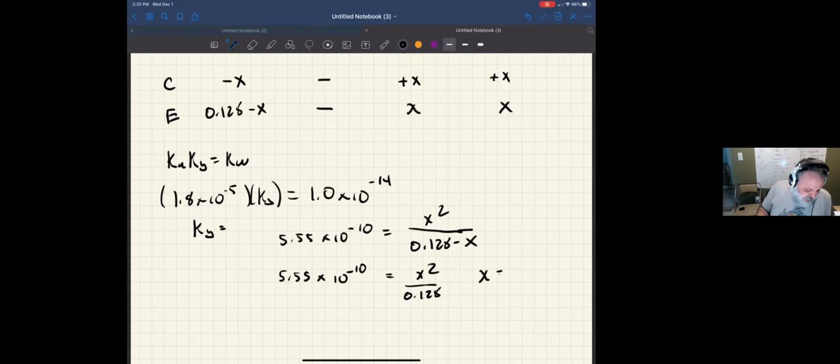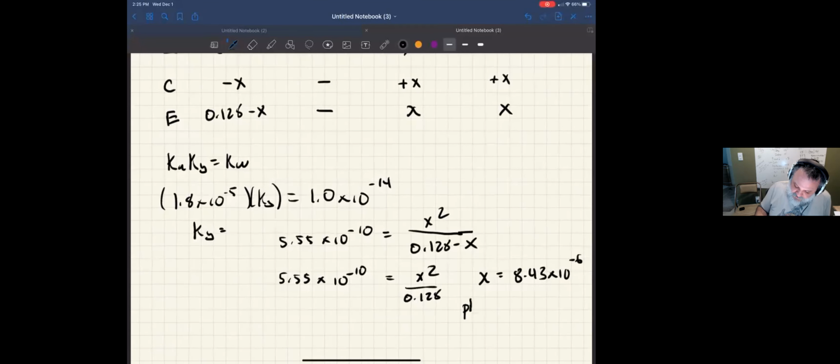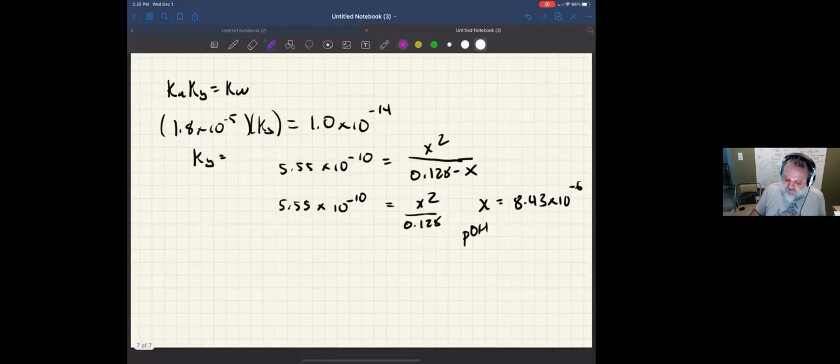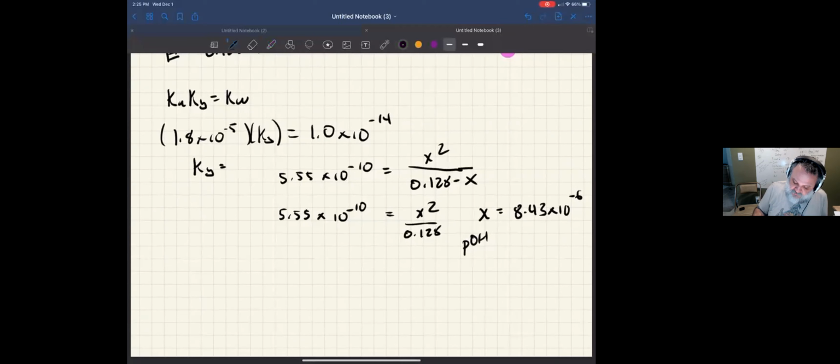When I do that, I get X equals 8.43 times 10 to the negative 6. And so it is clearly small enough to neglect. So when I take the negative log of that, I get the pOH, because recall that X is the concentration of hydroxide, it's not the concentration of H plus. So I get negative log of 8.43 times 10 to the negative 6.